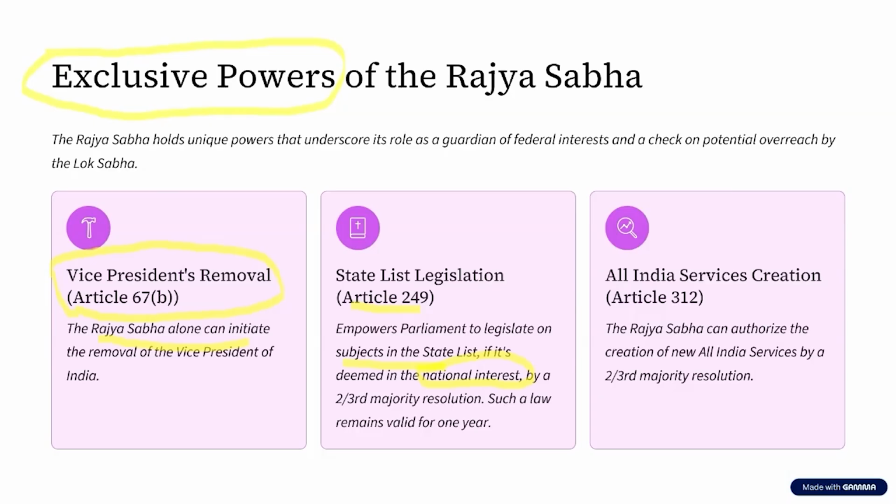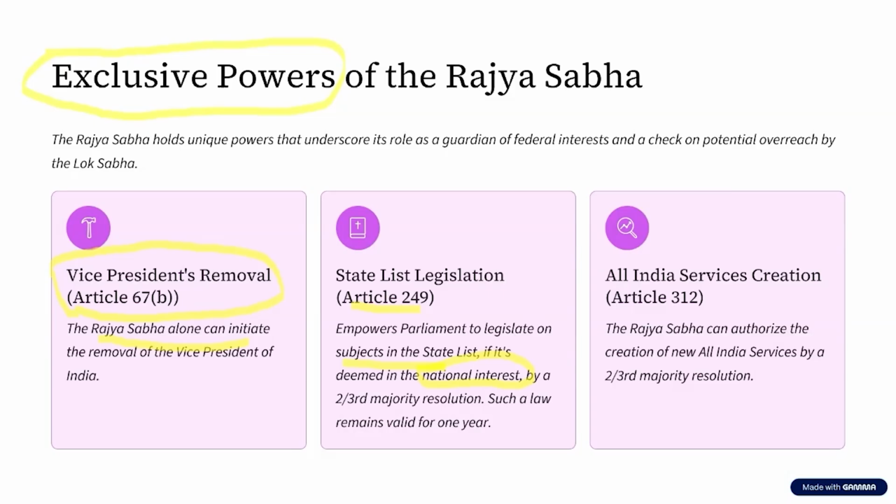That is, only the state legislative assembly can make a law on agriculture. But let us assume tomorrow there is something very significant related to agriculture, which is important from the national interest perspective, then a law on agriculture can be made by the parliament also. But who has to recommend this? This also has to be recommended by the Rajya Sabha.